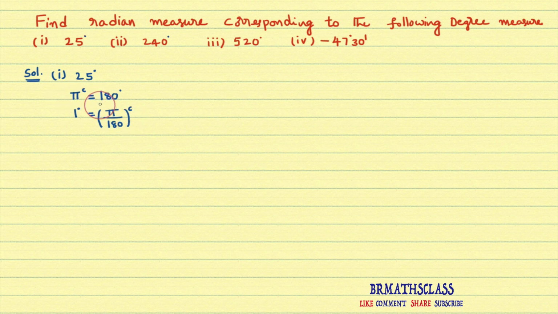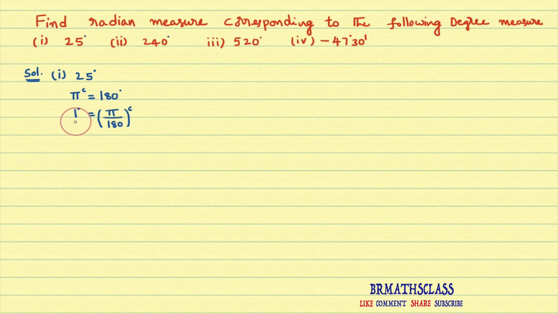Try to understand. We are converting 25 degrees into radian measure. The important point is pi radians is 180 degrees. From this, 1 degree is pi by 180 radians. If you know this point, 1 degree equals pi by 180 radians, all these problems are going to be very easy.